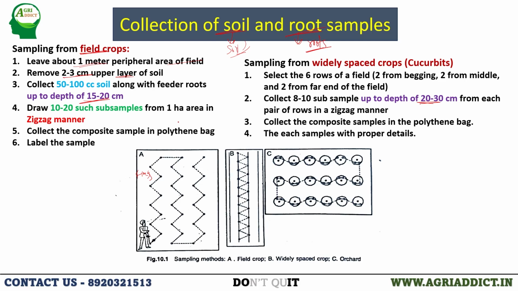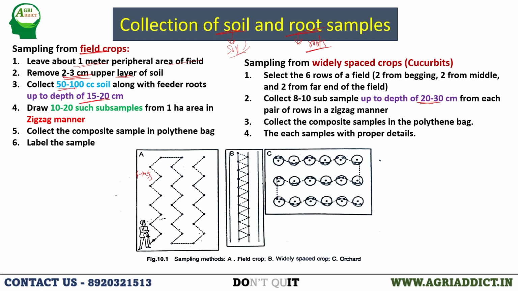As they are obligatory in nature, they are distributed around the plant root system itself. So the upper layer of the soil does not comprise any plant parasitic nematode, and the 2 to 3 centimeter of upper layer has to be removed and not considered for sample collection.